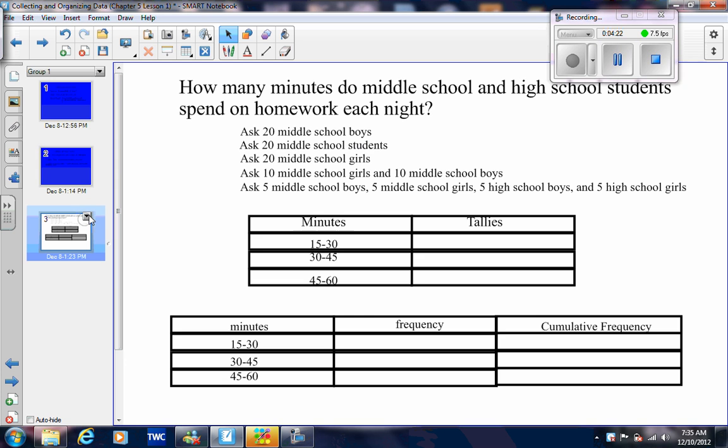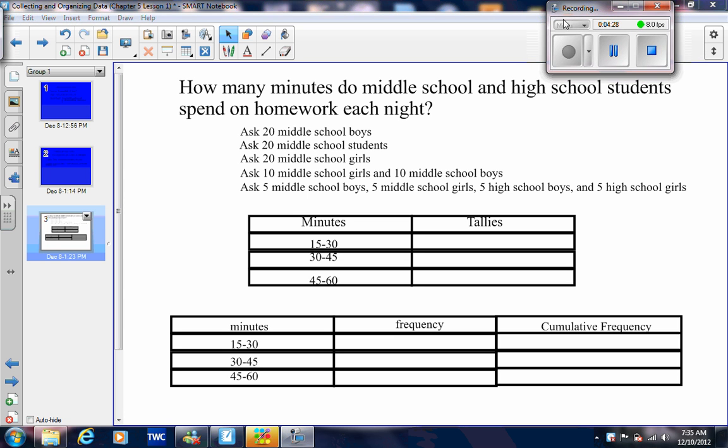All right, so I'm just going to run through a sample problem here. How many minutes do middle school and high school students spend on homework each night? Would it be right to ask just 20 middle school boys? The answer is nope.